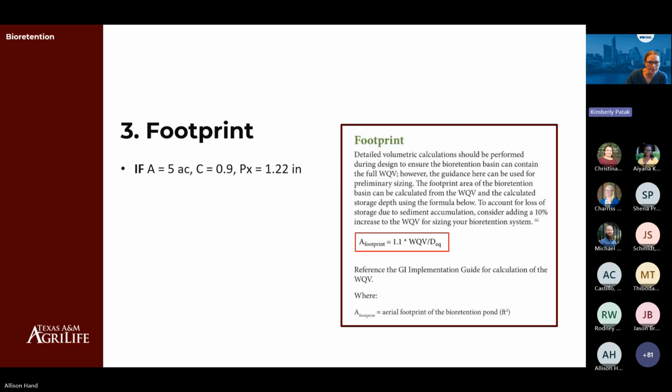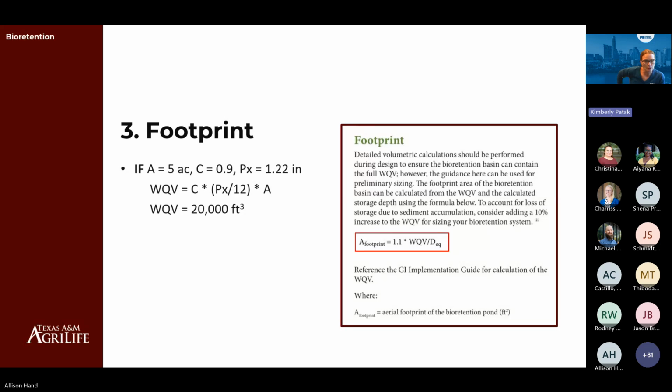As a design example, say for this site we've got a contributing drainage area of 5 acres, a C value of 0.9, and a rainfall depth of 1.22 inches. Using the water quality volume equation provided in the implementation guide, that arrives at a water quality volume of 20,000 cubic feet. Please note, like Sheena mentioned earlier, we have a lot of different units with these equations.